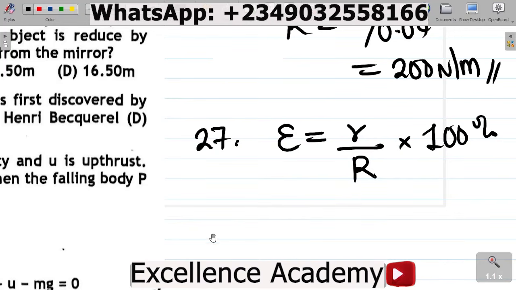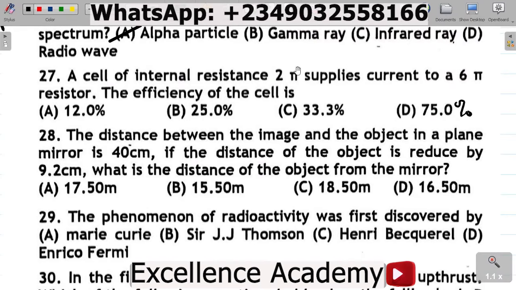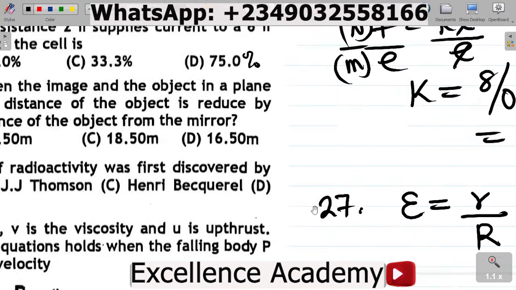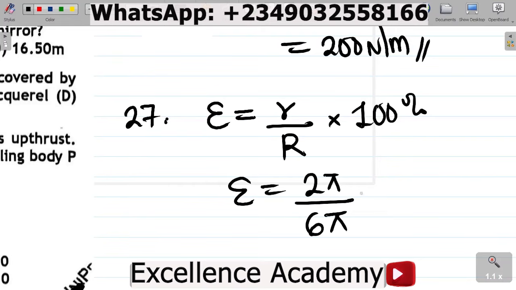The value of small r is simply the internal resistance, while the capital R is the other resistor here. So this internal resistance, your 2 ohm, is your small r. Efficiency is equal to 2 over the external resistance, which is 6, as we have, times 100%.